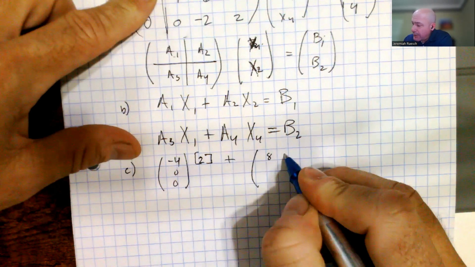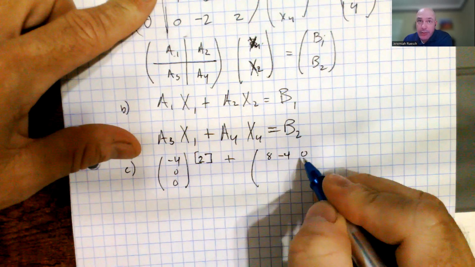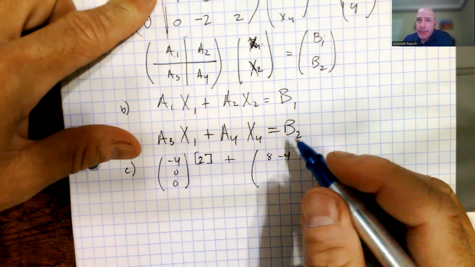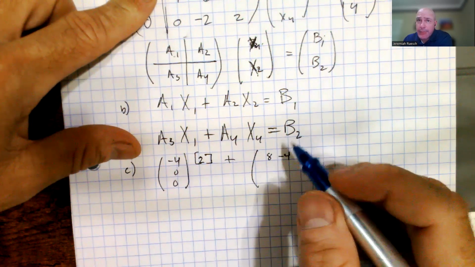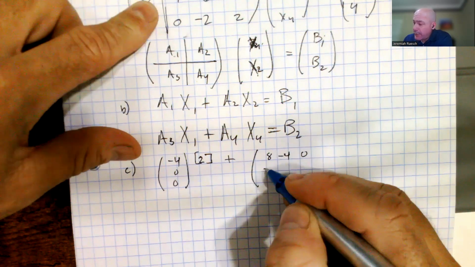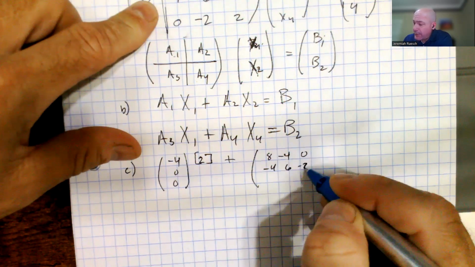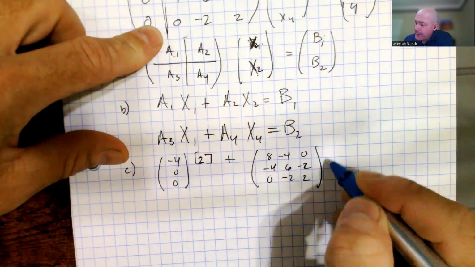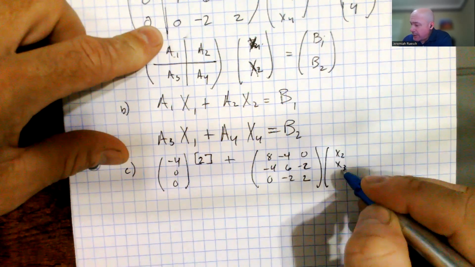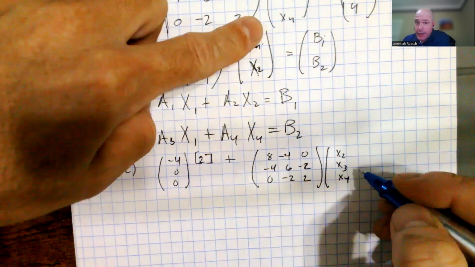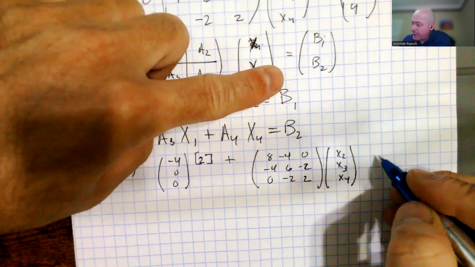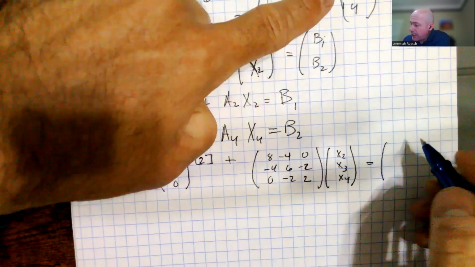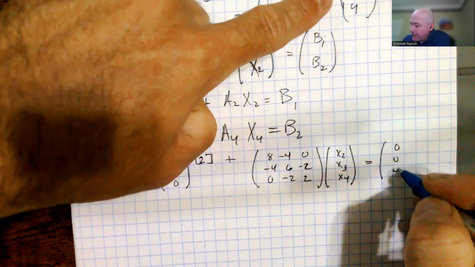So 8, -4, 0, -4, 6, -2, and then 0, -2, 2 times X2, X3, X4. And so that's my corresponding B2, and that's going to equal my B2, which is 0, 0, 4.